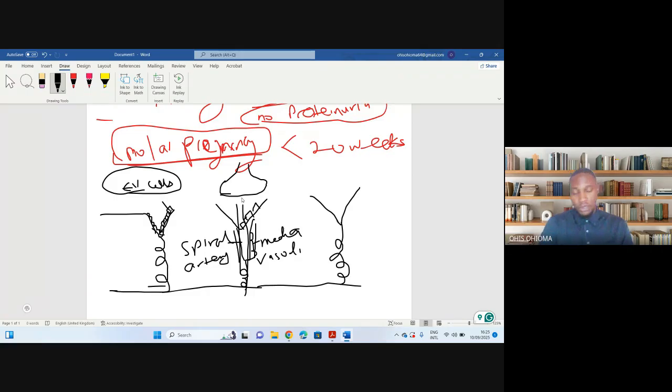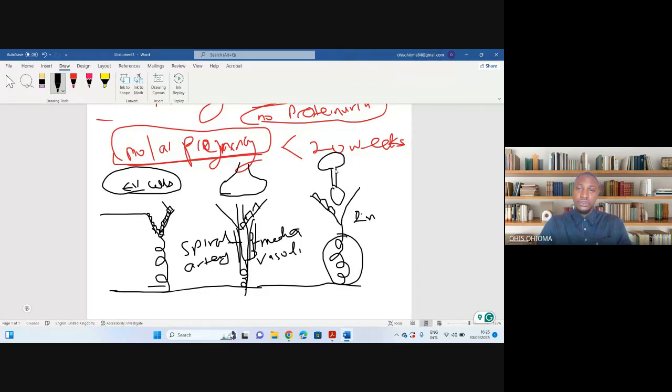But unfortunately, what happens here is that there's a defective invasion, meaning that these cells would line the lacuna, but they don't invade the spiral artery. And of course, within the first 2 months of pregnancy, this is not supposed to be a problem because the blood that's coming from the spiral artery and going to this lacuna space is enough for the small embryo that's growing.